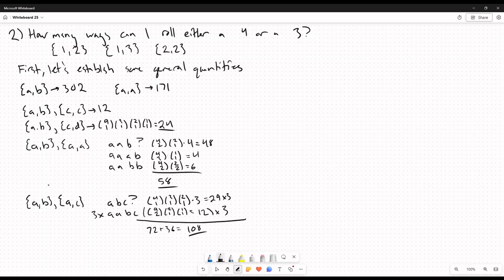But inclusion-exclusion doesn't stop at pairs. It's possible that we can get 3 different things happening at once. We're now going to move on to the 3 different numbers case, but in that case, it is possible to get 4 different values or 4 different combinations of the things that we want all at once.